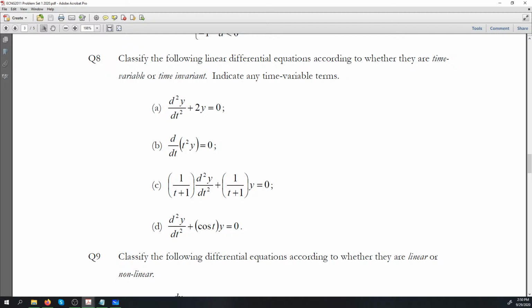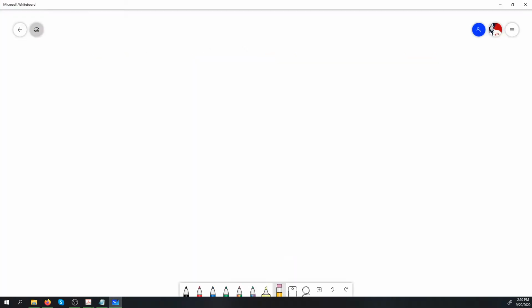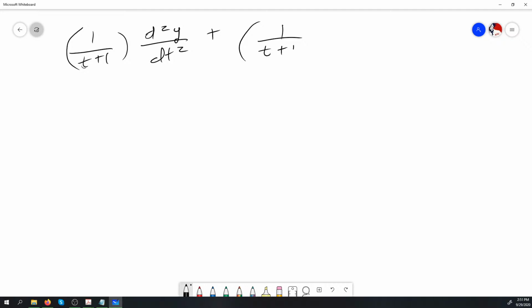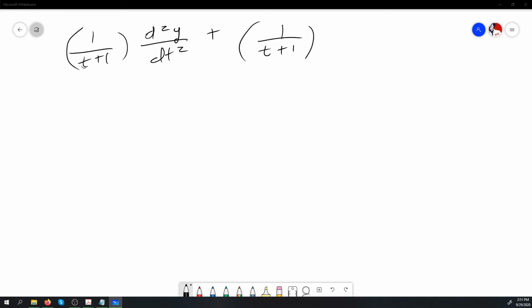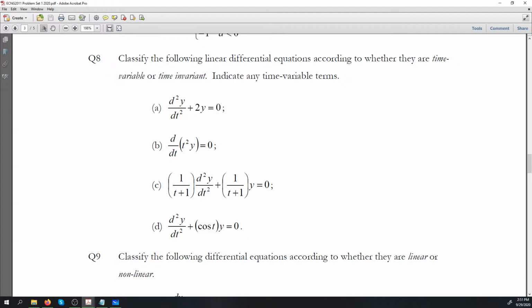So part C was 1 divided by t plus 1 of that. Let me write out this equation for you guys. Let's verify this again: y is equal to 0.